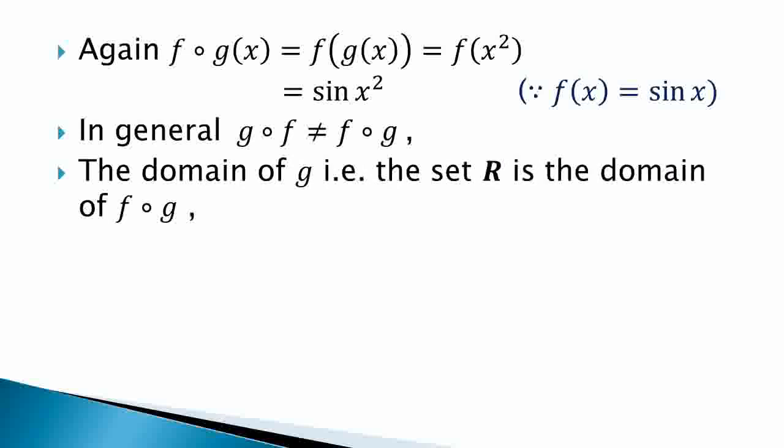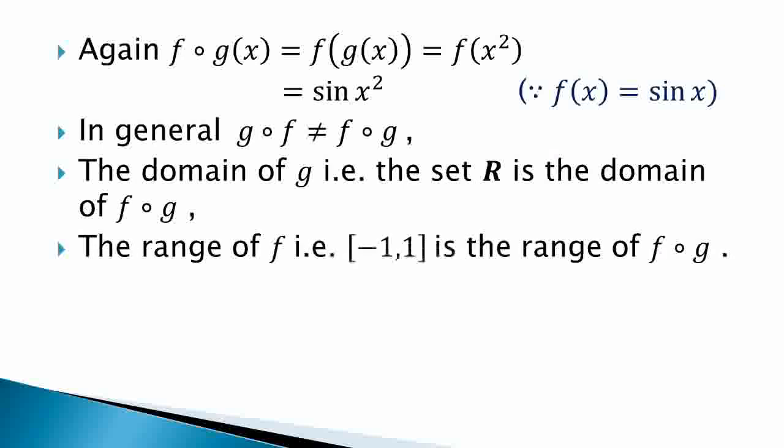The domain of g in this case is the set of real numbers, and this will be the domain of f of g. Similarly, the range of the function f is nothing but the closed interval [-1, 1]. Why? Because f(x) is equal to sin x, and we know that the values of sin x lie between -1 and +1, including -1 and +1.